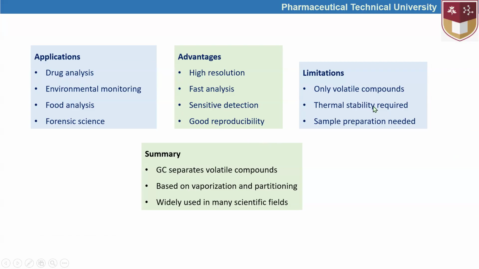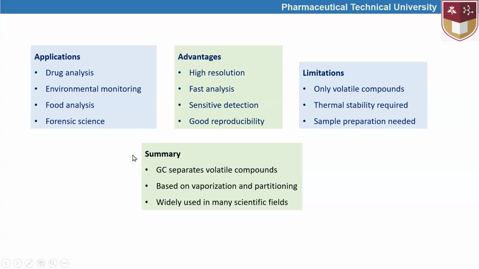And the limitations include that it deals only with volatile compounds. Thermal stability is required for the compounds since the process is carried out at high temperatures. And another limitation is that sample preparation takes some time and protocol, let's say.